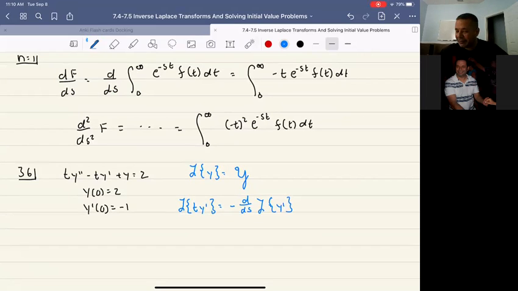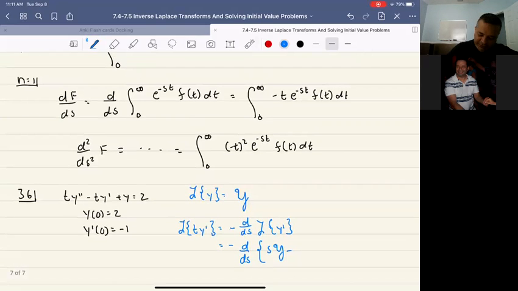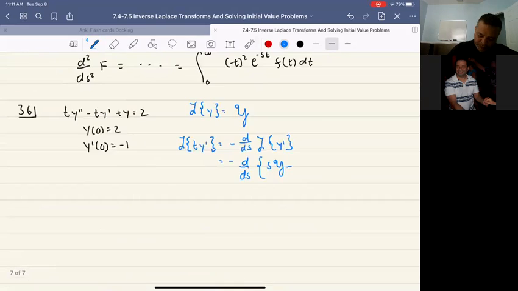It's a little confusing, but you have to take the Laplace transform of y prime first, and then you take the derivative with respect to s. So that is negative d ds of, now the Laplace transform of y prime is, remember, sY minus y of 0, and y of 0 is 2. Doesn't matter, y of 0 doesn't have an s.